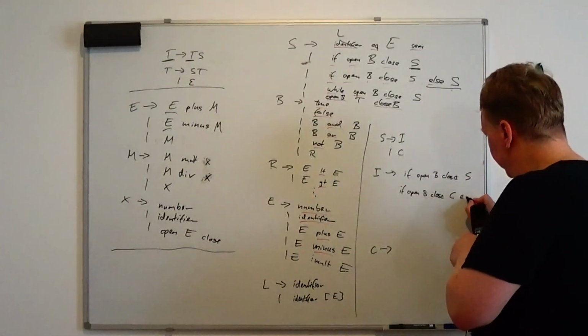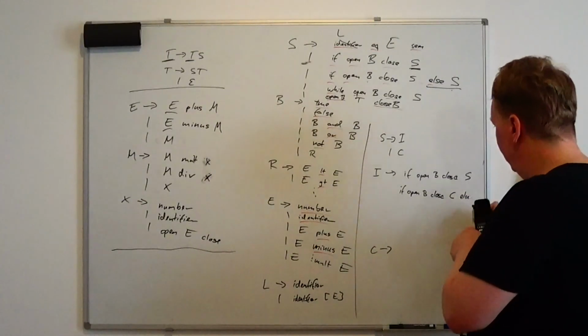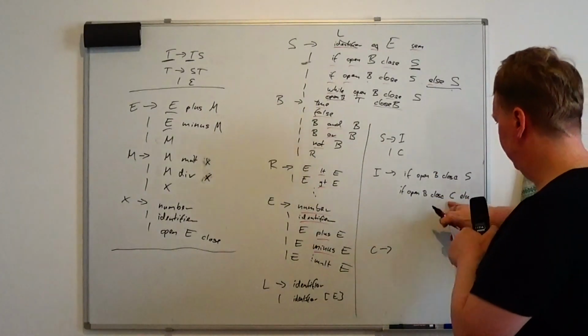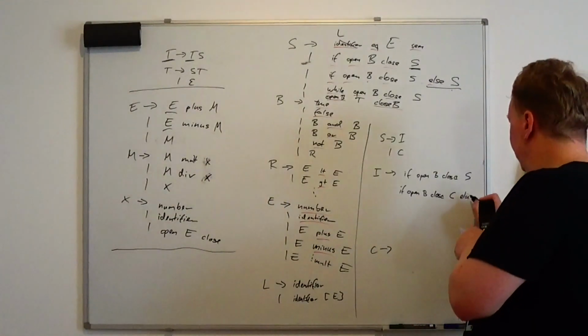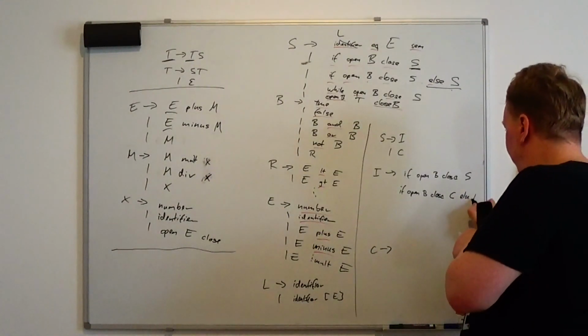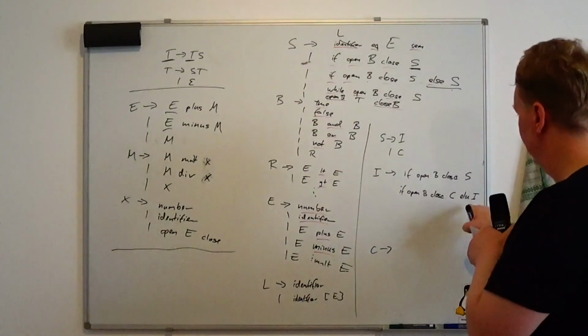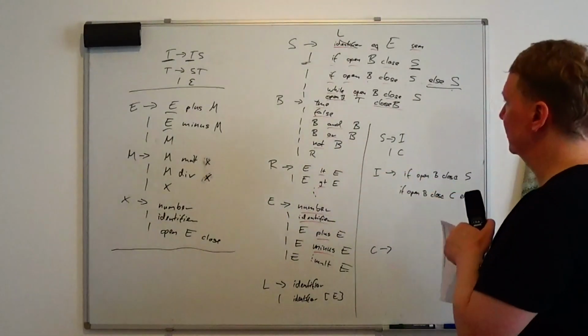Before an else you cannot have an incomplete statement, so we require a complete statement there. But after the else, if you have an incomplete statement, then you are again incomplete.